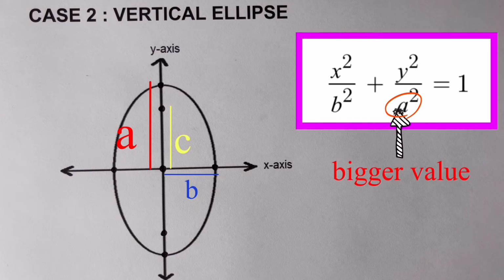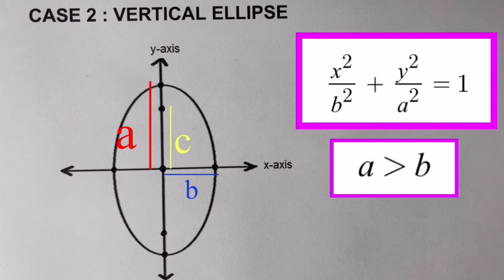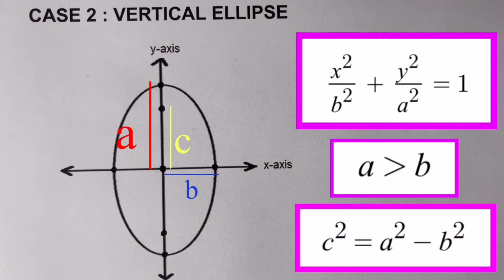This means that if the denominator under the y squared is bigger than the denominator under the x squared, we get a vertical ellipse. And we also remember that A is always greater than B. Now to determine the length of C, we are going to use the equation C squared equals A squared minus B squared. So these are the parts of an ellipse, and these are the two cases of an ellipse.